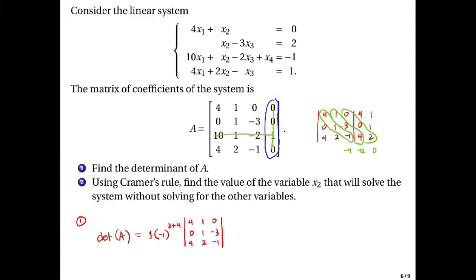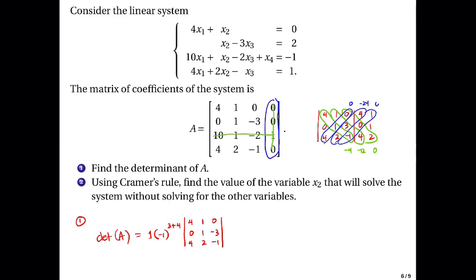Correct? For the going up, this is 0, then 4 times negative 3 times 2, and there's a negative there, don't forget, so that's negative 24, and then this is 0 again.